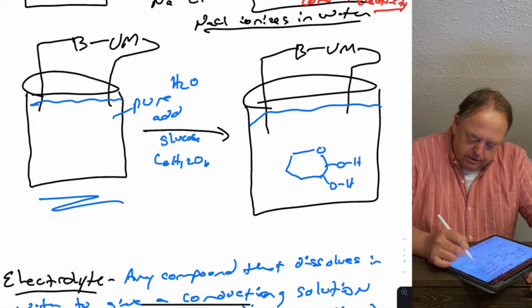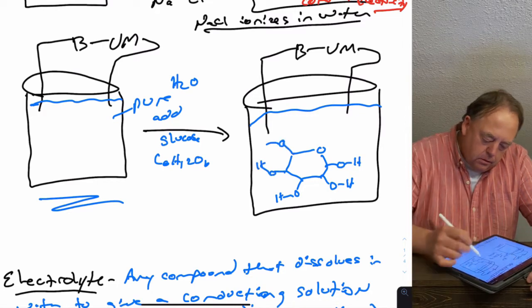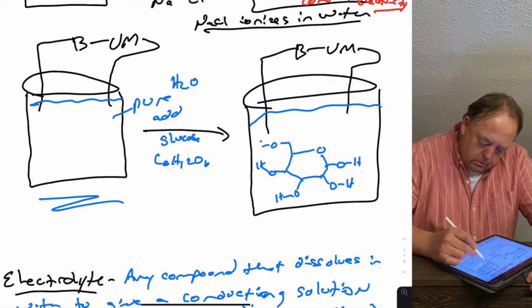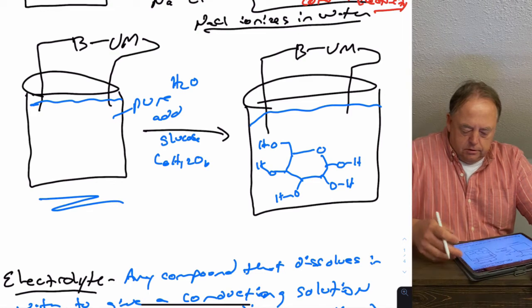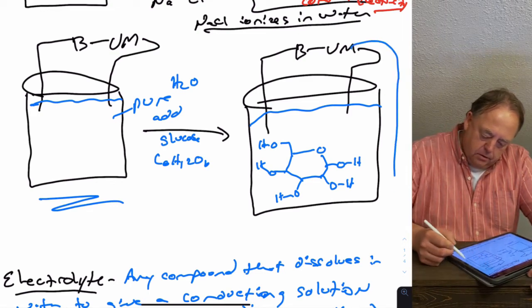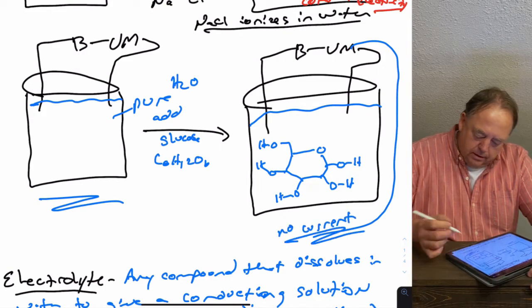Let me just sketch it again real quick. So glucose dissolves in water, but then if you check the voltmeter, there's no current.